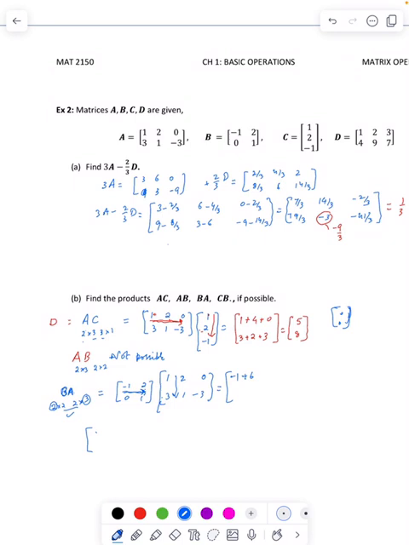Now first row and second column. I will multiply the first row with the second column. So I will end up getting negative 2, and the entry should be over here, first row, second column. So I get negative 2 plus 2.